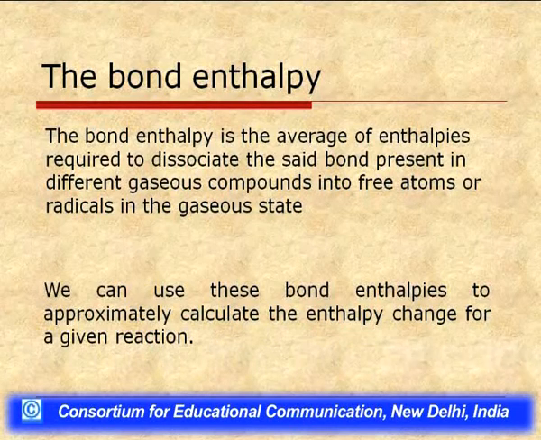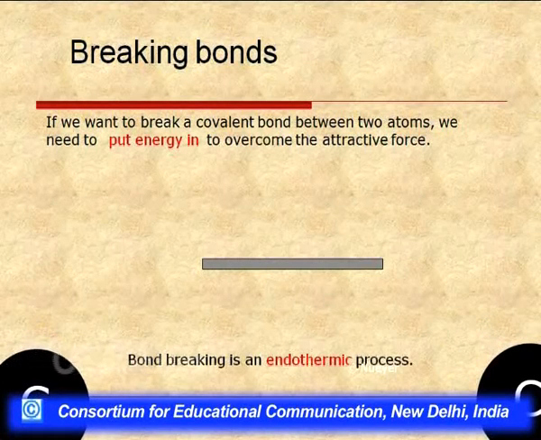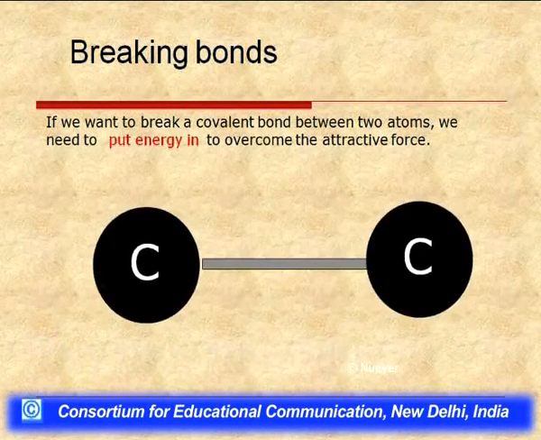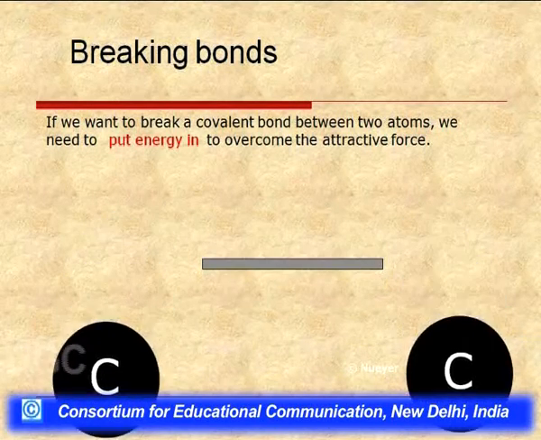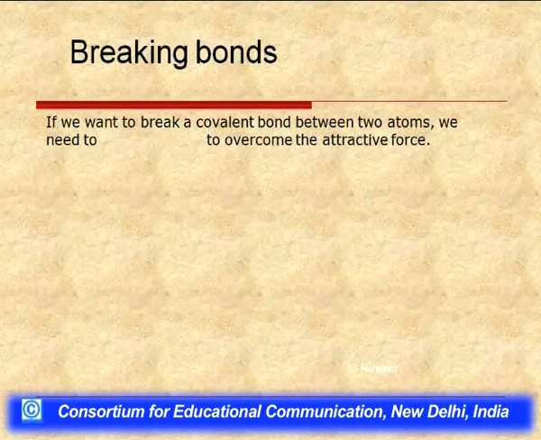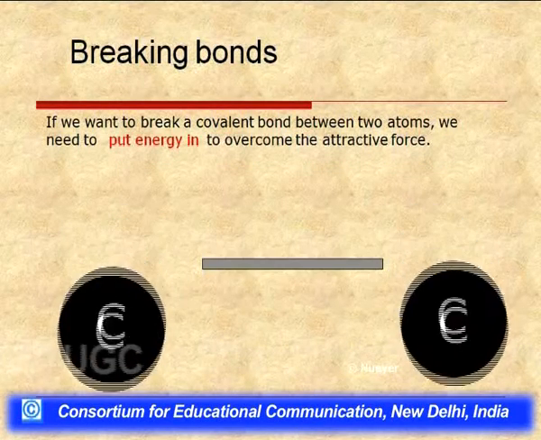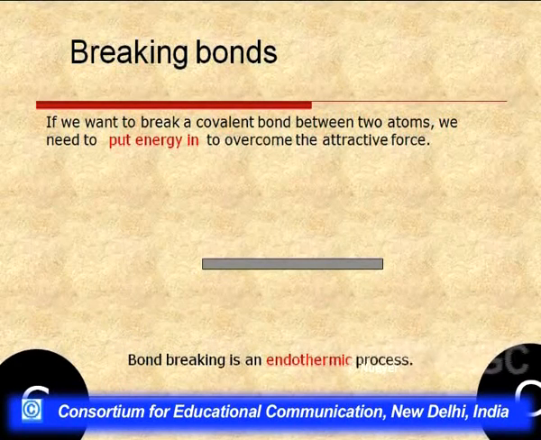Well, before we talk about that, whenever a bond is formed, the corresponding energy is released to the surroundings, whereas whenever we want to break a bond, we need to put in energy to overcome the attractive forces, and the energy being put in is used to break the bonds, to separate the radicals or atoms apart.